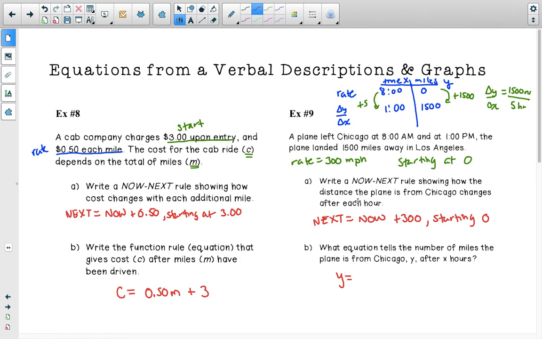So our 300 miles per hour is our slope, 300, and it's the coefficient of x. And then we have plus our starting value, which in this case is 0, so we don't even have to put plus 0. This is our equation to represent the plane leaving Chicago at 8 a.m. and landing at 1 p.m., 1,500 miles away.